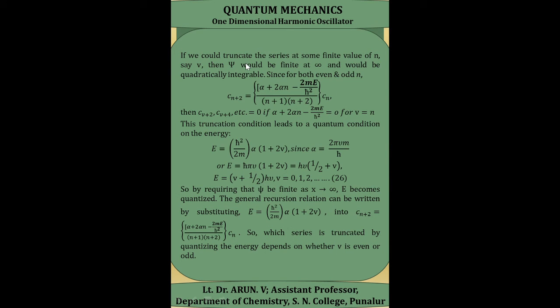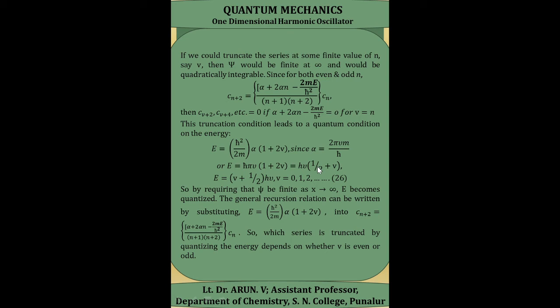If you truncate the series at some finite value of n, say v, then psi would be finite at infinity, and we could square-integrate that equation for both odd values of n and even values of n.